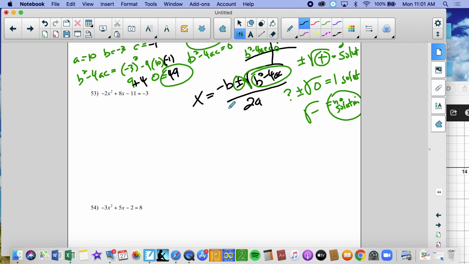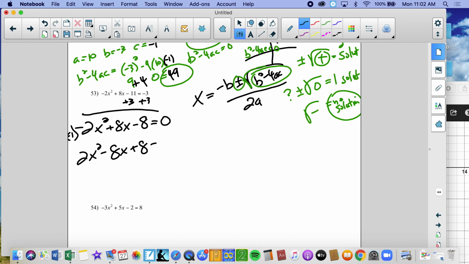All right, so let's add 3. Let's make sure we get this one right. -2x² plus 8x minus 8 equals 0. Let's have a be positive, so we're going to multiply everything by -1.